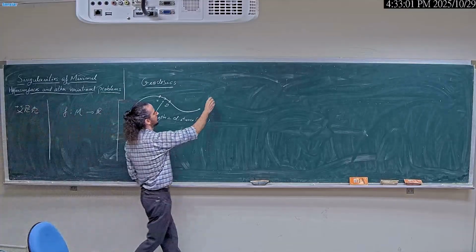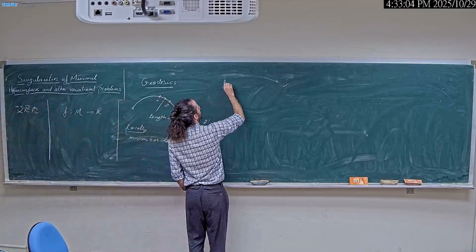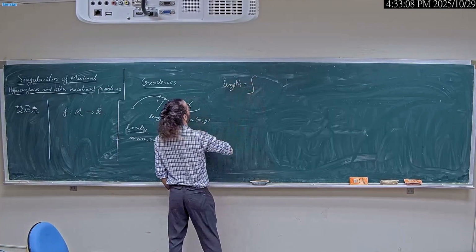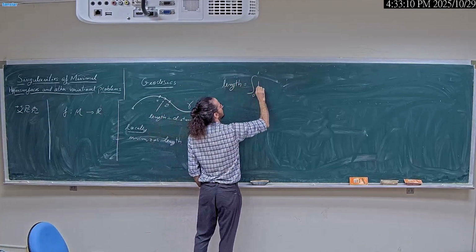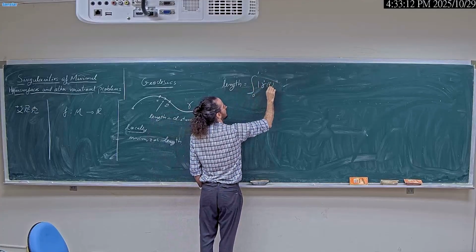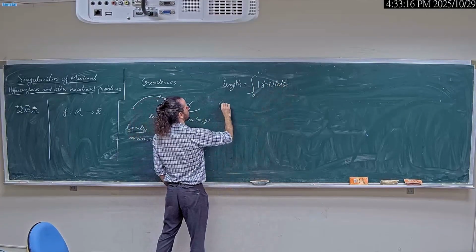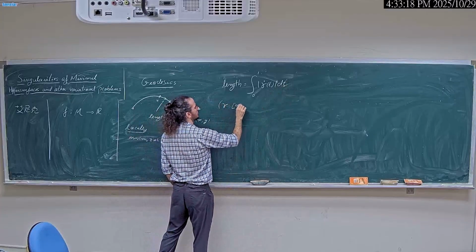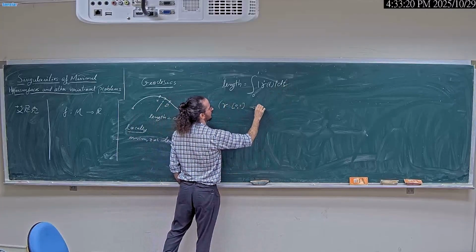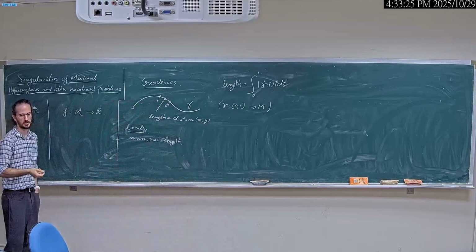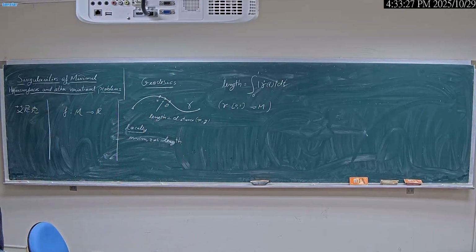Length is, if you call this curve gamma, say parameterized from 0 to 1. So gamma is a curve from 0 to 1 into your ambient space, or it could be a manifold, it could be Rn, it could be R2, it could be R3.